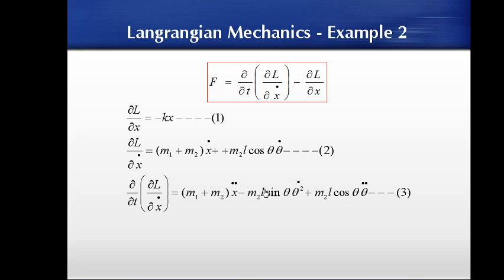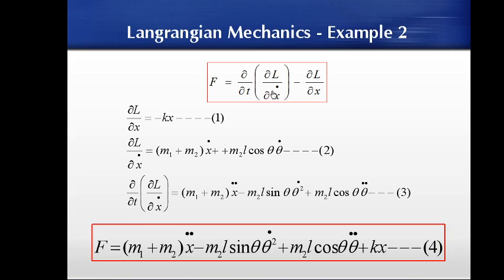Now I can substitute equation number 3 and equation number 1 into this expression for force, so that I will be getting force is equal to m1 plus m2 x double dot minus m2 L sin theta into theta dot square plus m2 L cos theta into theta double dot minus dou L by dou x, that is minus k. So minus into minus plus kx. So this is the first dynamic equation of the given two degree of freedom system.